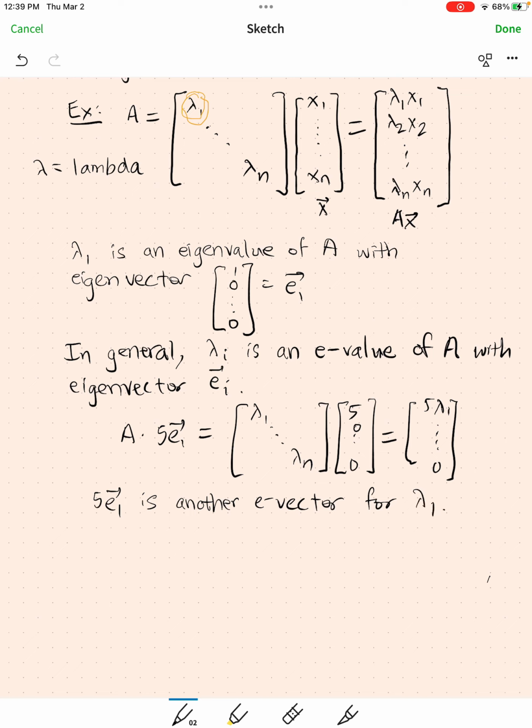Right? So in general, if e1 gets stretched by a factor of lambda, then 5e1 will also get stretched by a factor of lambda. In general, the whole line through e1 gets stretched by a factor of lambda. So can I just write that down?